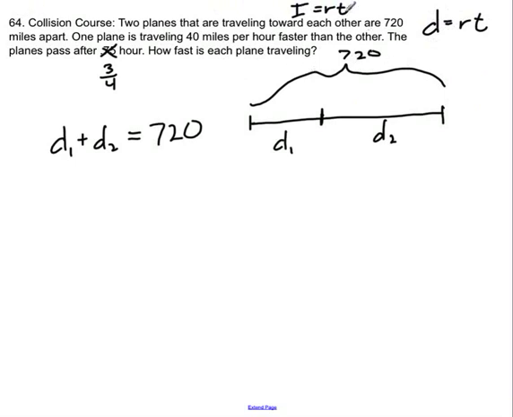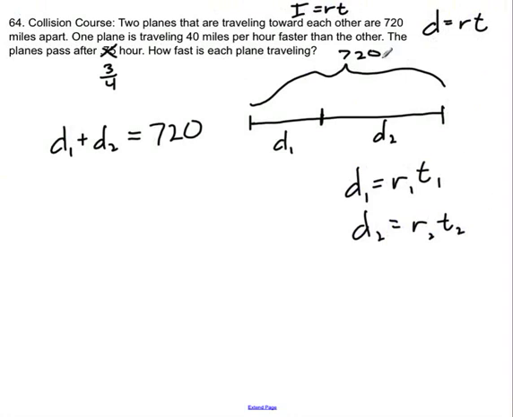Distance also equals rate times time, but rate here is a percentage and rate here is miles per hour. So we need to find d1, which is going to be its rate and its time, and d2 is going to be its rate and its time.